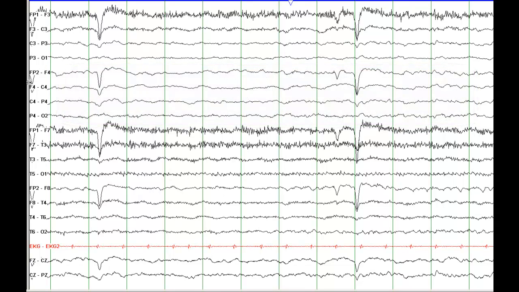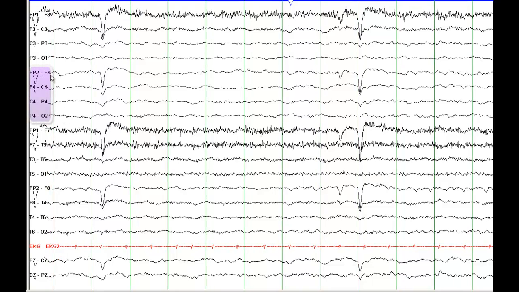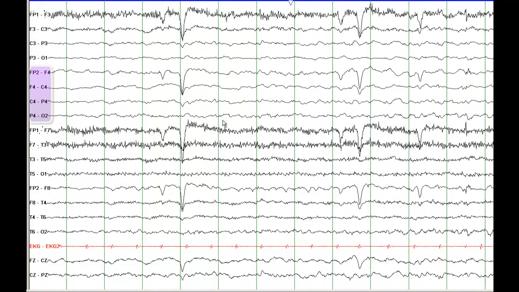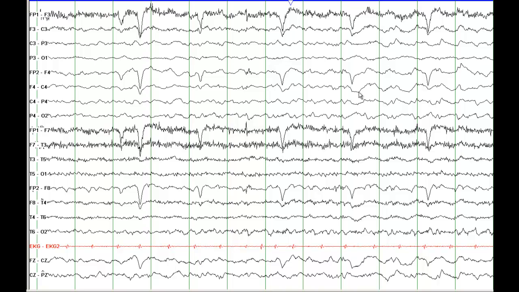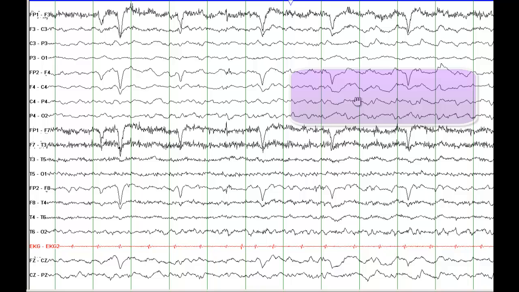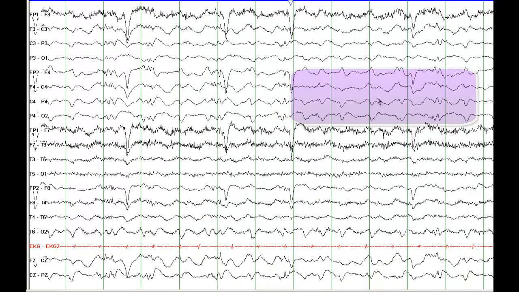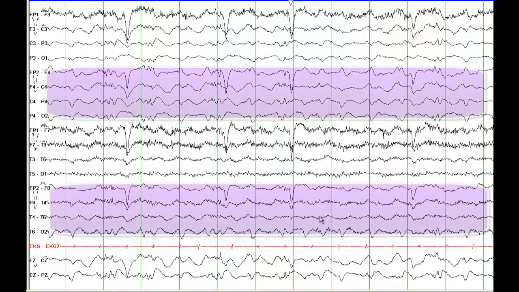Now keep looking at these 4 electrodes, FP2 to F4 all the way to P4 and O2, and just continue looking at these 4 channels, and you start seeing this rhythmic delta activity. Although it spills onto the left hemisphere at the same time, this rhythmicity is quite prominent in the right hemisphere.